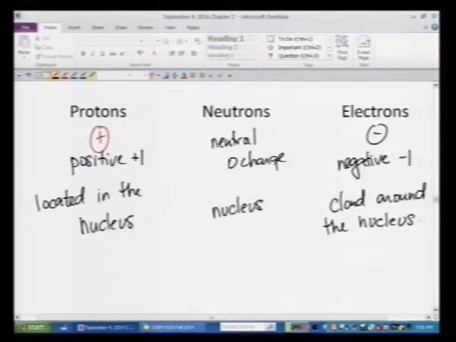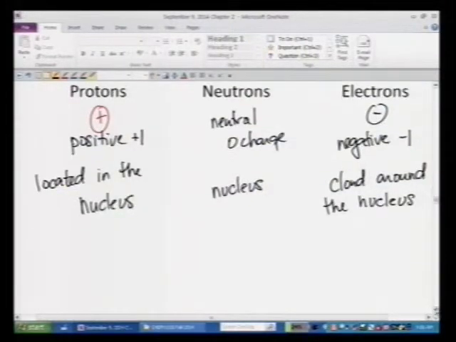Okay, so your very simplified version of an atom would be that you have protons and neutrons, and those make up the nucleus of the atom. And then you'd have electrons, which are usually written as lowercase e with a little negative superscript.